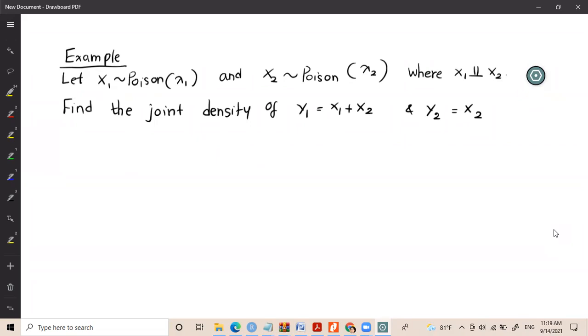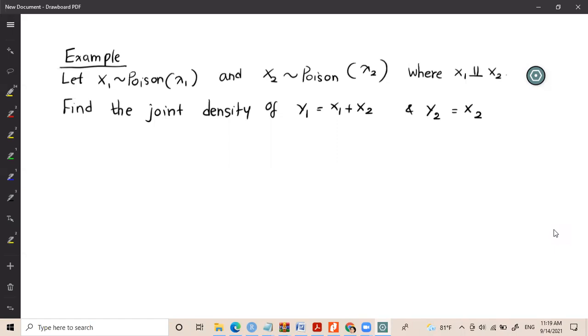Right? Now, if you go back to the definition, what do we need? We need the joint density of X1 and X2 first. That means we need the marginals of X1 and X2, and if you multiply them, you get the joint. Why? Because X1 and X2 are independent. Can you remember? When the random variables are independent, the joint density function is the product of the marginal densities, right?